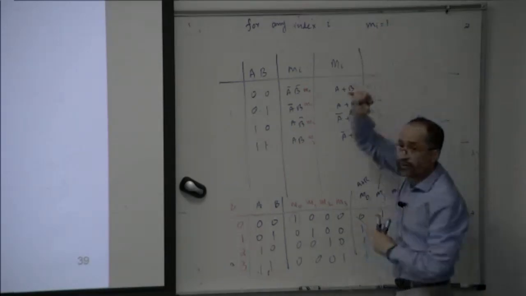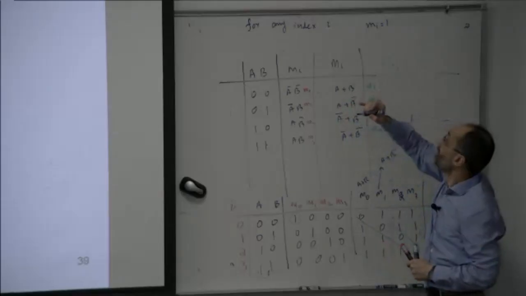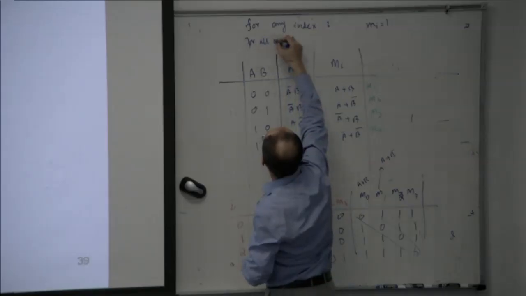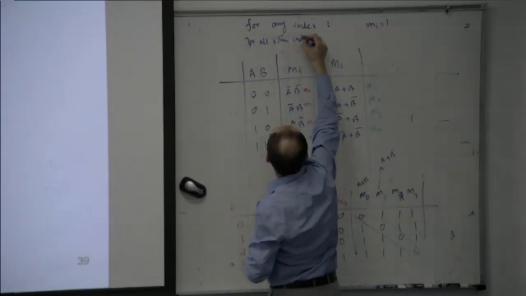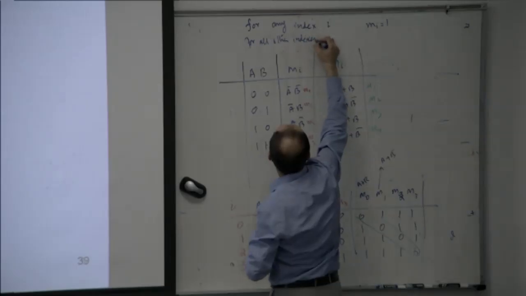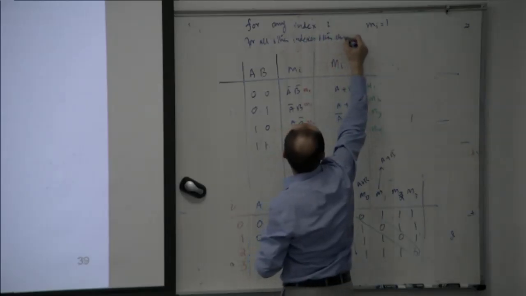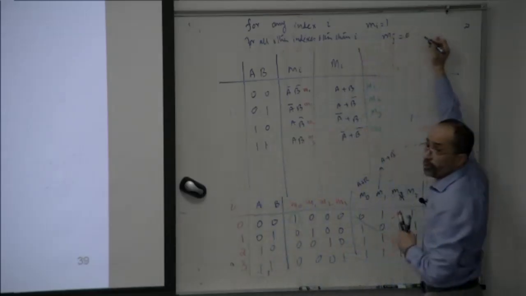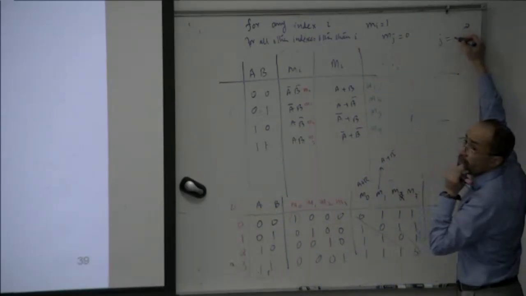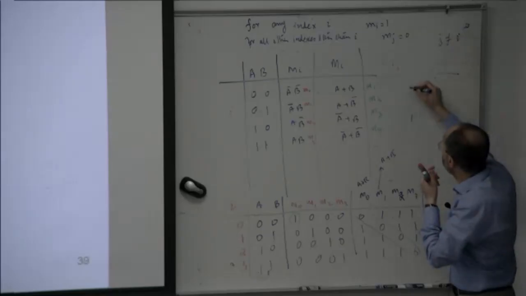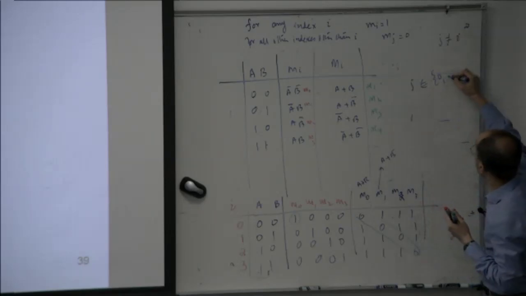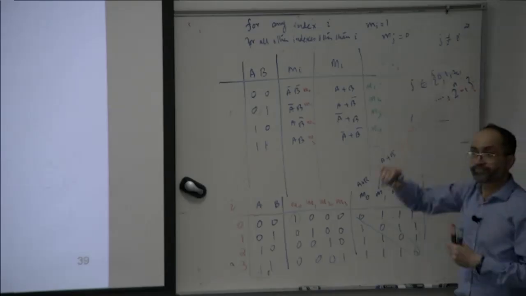For any index I, mi is equal to 1, and for all other indexes other than I, mj is equal to 0, where j is not equal to I, and j belongs to the set 0, 1, 2 until 2^n minus 1.